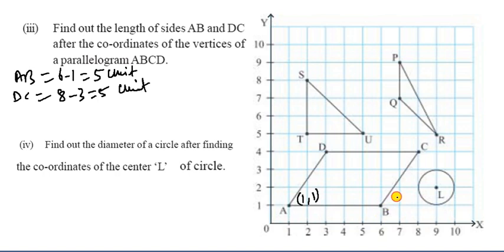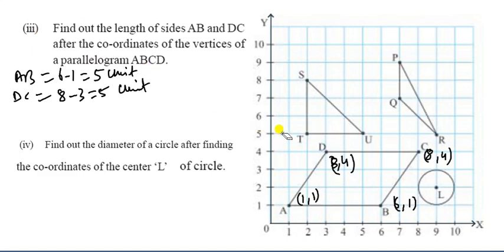Now find the coordinates of the vertices of parallelogram ABCD. So first of all, that is 1 and 1, so the coordinate of A is 1, 1. Here the first number is 6 and the second one is 1, so you have to write 6, 1. Here the first number is 8 and the second number is 4, so you write 8, 4.